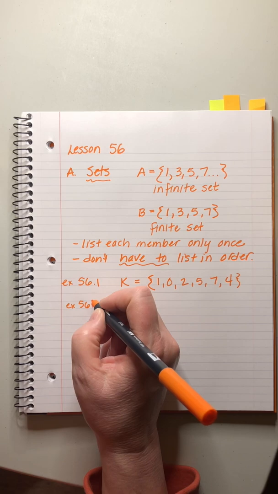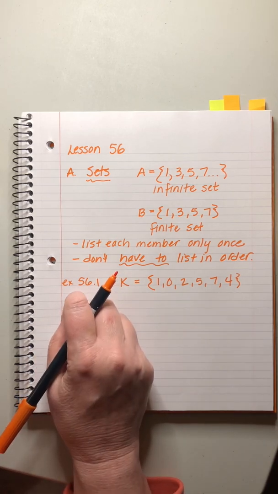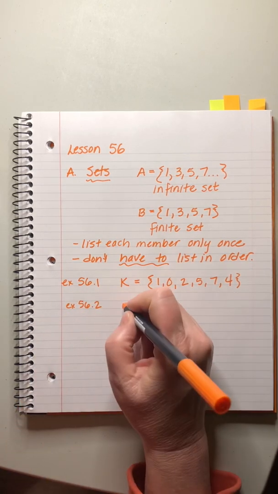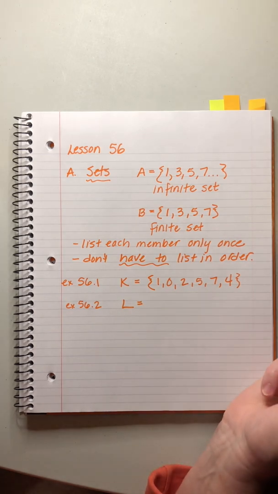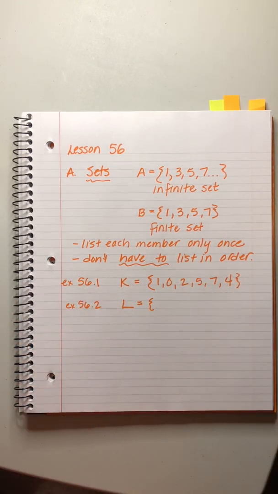All right, now we have another problem just like that. Represent the following numbers as being members of set L. The letters are random for our purposes too. If we were the mathematicians working on this big project, there might be some logic to that. We might just be going in order, but we don't know what it is.